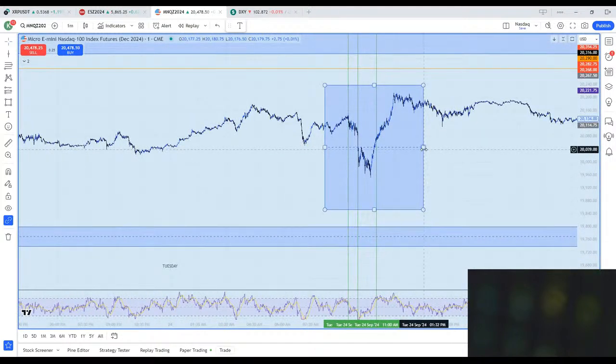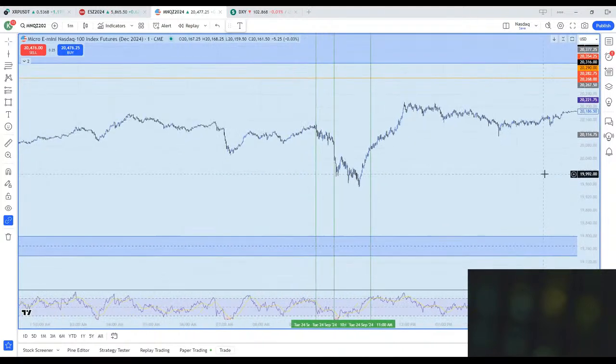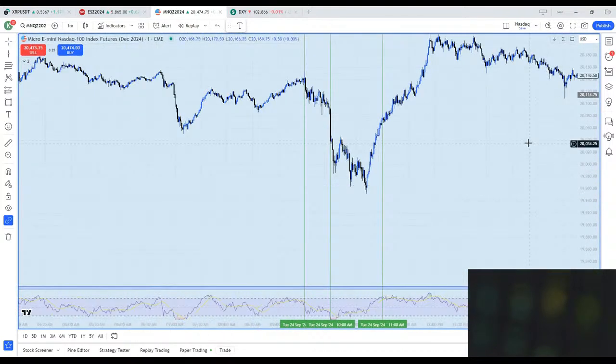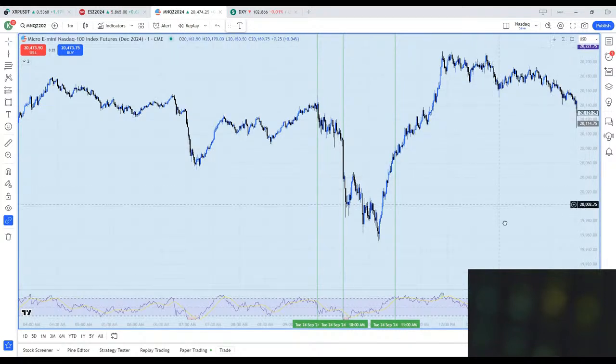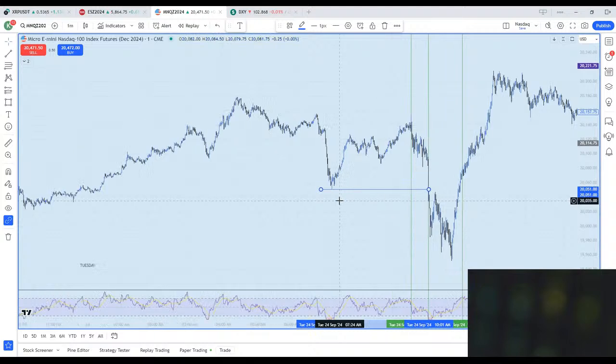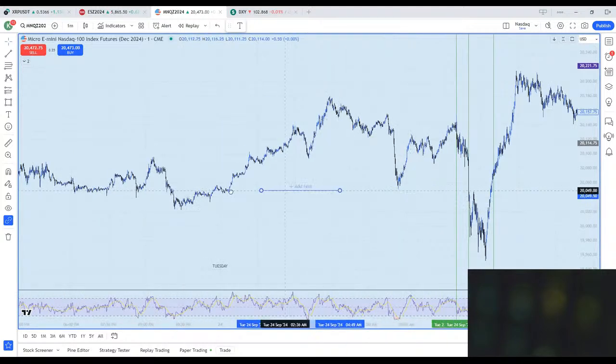All right, we're gonna get rid of this. So how I would mark this up is, this right here is sell-side liquidity that was taken out. And this, well, this would be the one to mark up.